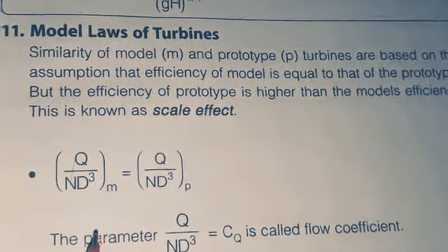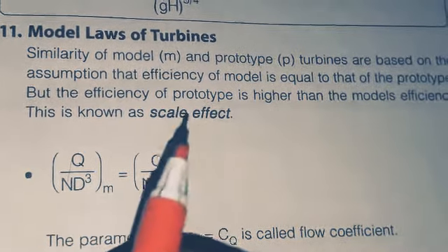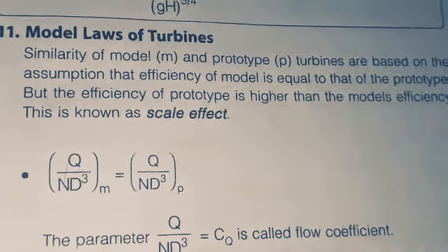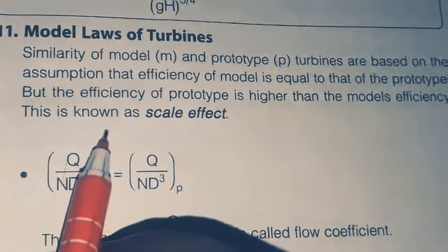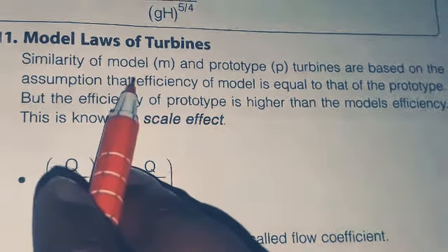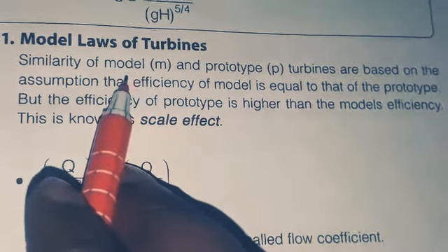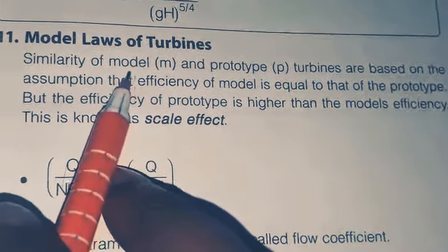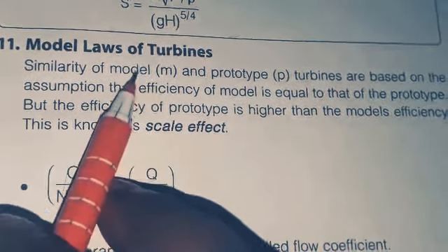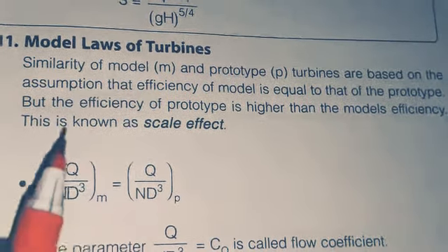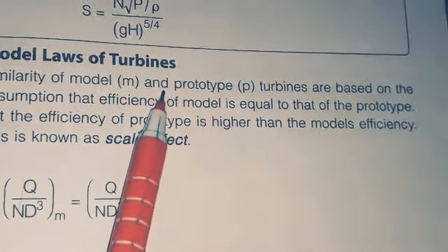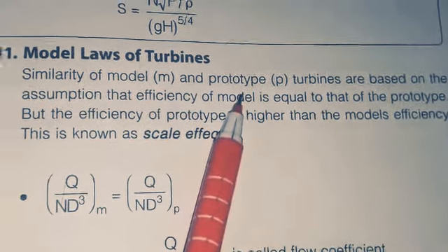Then we make a model and change some parameter dimensions with respect to the prototype. The newly manufactured turbine is considered as the model, and that model is tested in the experimental lab. When that model functions successfully, it is converted into various prototypes, and the market may have a turbine with a higher value.